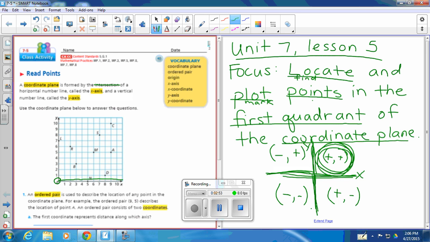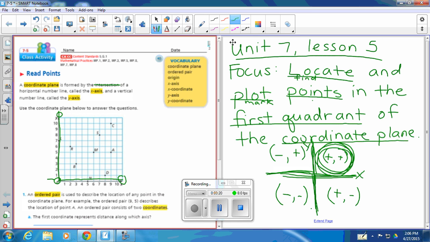If you notice, we start at 0 and we build 1, 2, 3, 4, 5, 6, 7, 8, 9, 10. And notice there's an arrow here at the end because it could go on as long as we need it to in the positive direction. And then the vertical line is the y-axis. Again, notice there's the arrow at the end, so it could go in that direction forever and ever. And again, just like a vertical number line, starts at 0 and then goes up numbers.